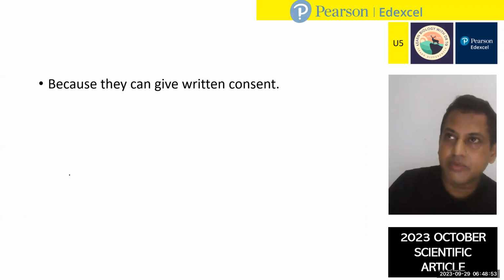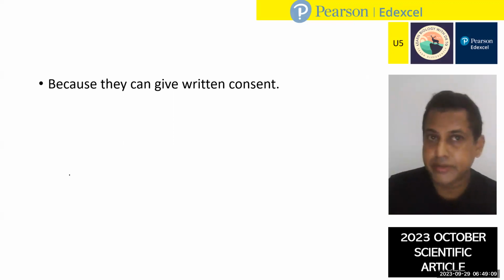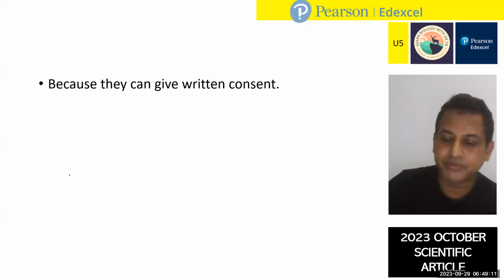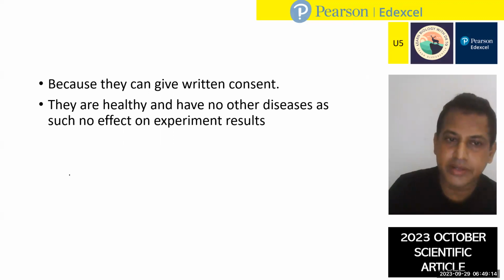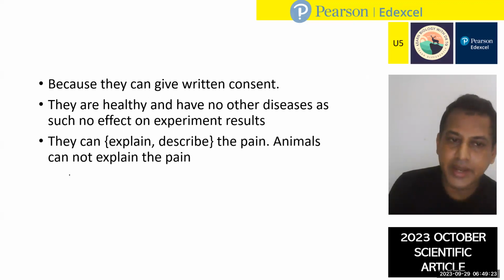Number one, if we recruit healthy volunteers for the experiment, they can give written consent, which is ethical, because they come voluntarily and give their willingness to participate in this experiment, and we can justify this as ethical. The second point, they are healthy and have no other diseases, so no effect on experimental result. They can describe the type of pains.